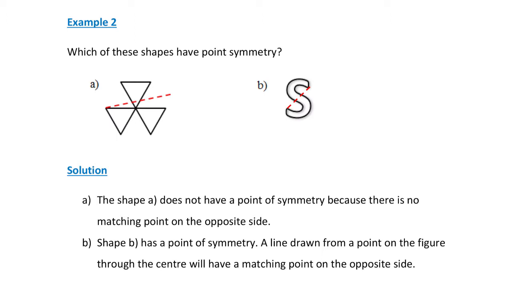But look at shape B. Shape B has a point of symmetry. A line drawn from a point on the figure through the center will have a matching point on the other side, on the opposite side. So you can see that that shape, which is in the form of an S, has a point of symmetry.